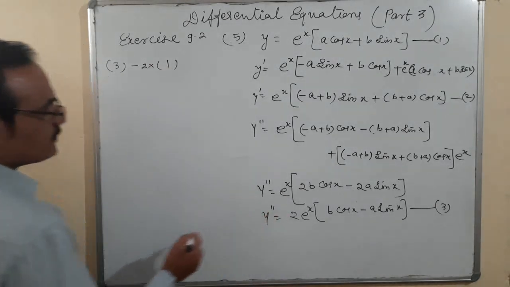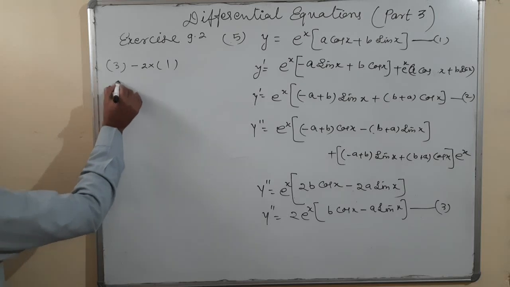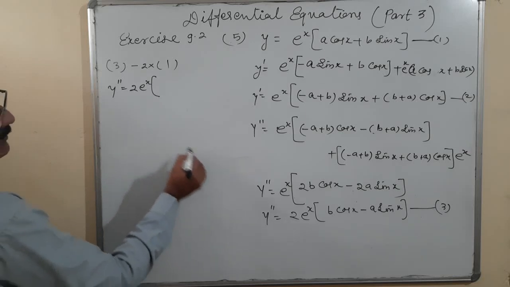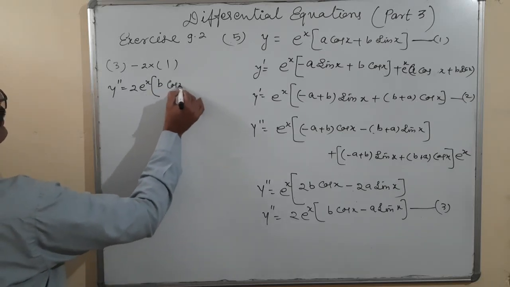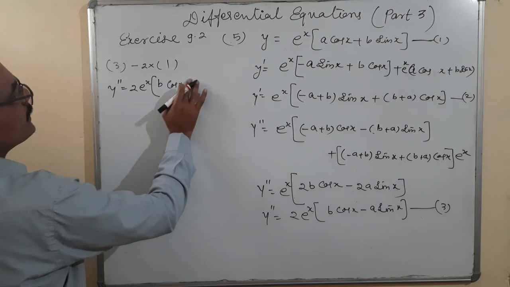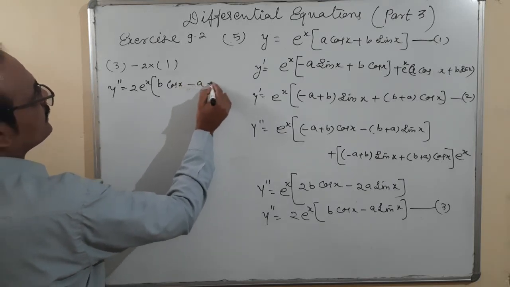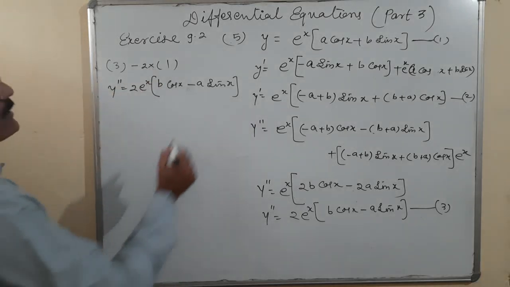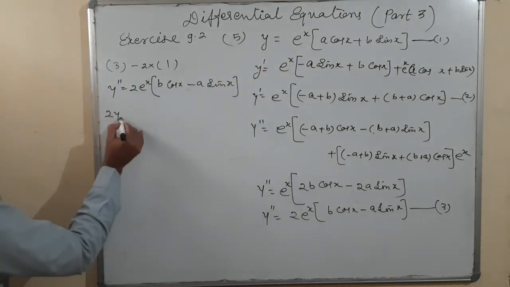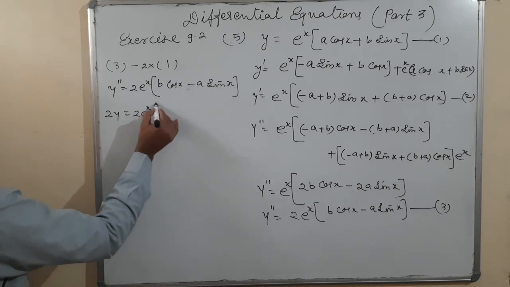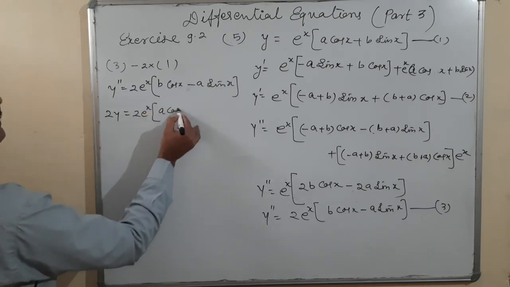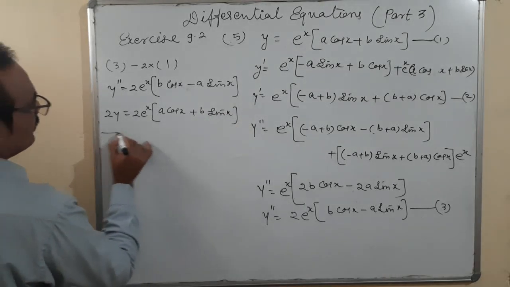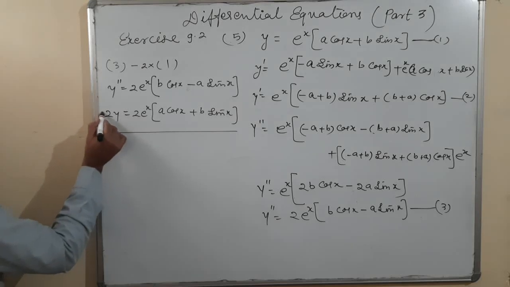Equation number 3: y dash dash is equal to 2 e to the power x, b cos x plus minus a sin x. And 2 multiplied by 1: when we multiplied by 2, 2y is equal to 2 e to the power x, a cos x plus b sin x. Okay. And when we are going to subtract, then what happens?